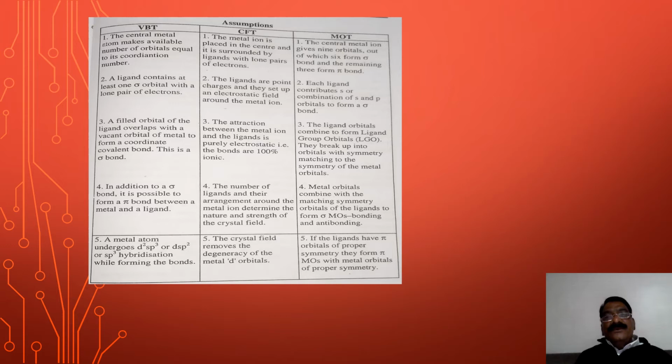They break up into orbitals with symmetry matching the symmetry of the metal orbitals. Fourth, metal orbitals combine with the matching symmetry orbitals of the ligand to form sigma molecular orbitals, bonding and antibonding. Fifth, if the ligands have pi orbitals of the proper symmetry, they form pi molecular orbitals with metal orbitals of proper symmetry.